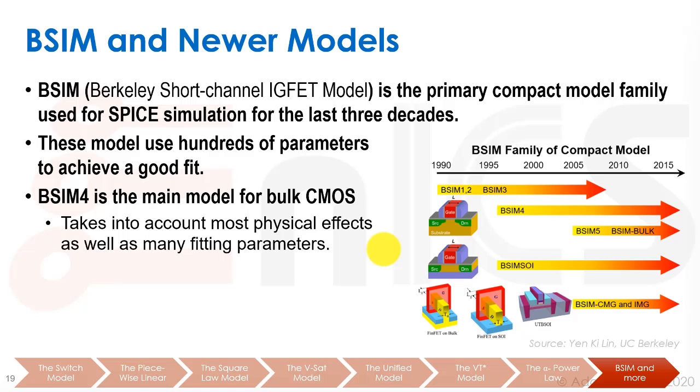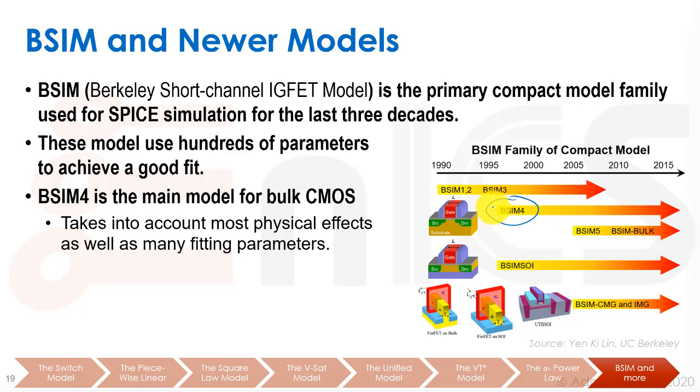BSIM 1 and 2 are quite old, from the early 90s. BSIM 3 is still used in technologies that are made nowadays, such as 180 nanometer or so. But for the last number of years, BSIM 4 has been the de facto version used for planar transistors.